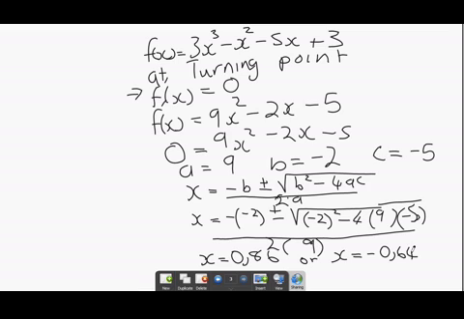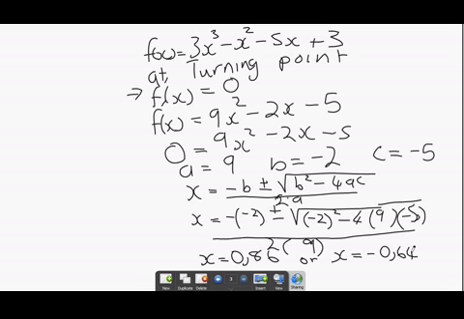Because I have the x values, I am now going to use those same x values to find the y values, by substituting into f of x.